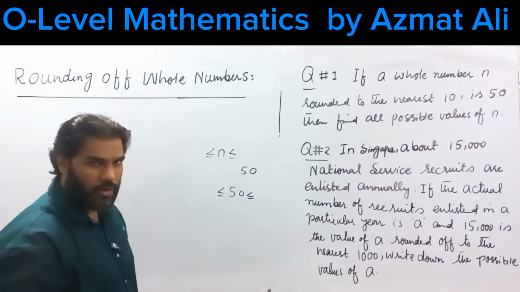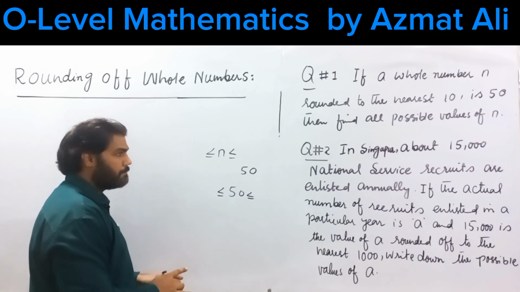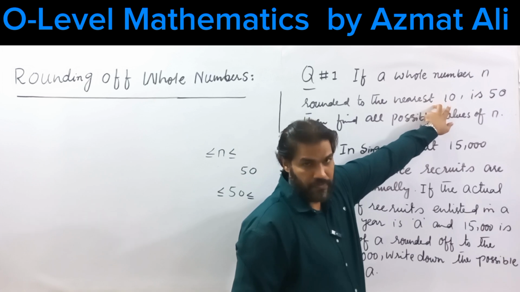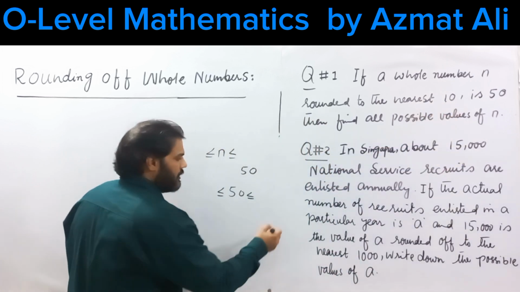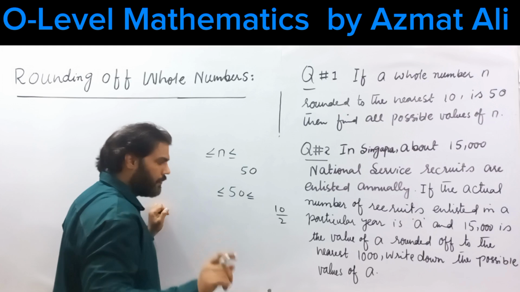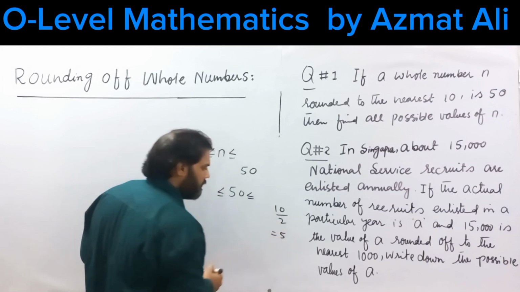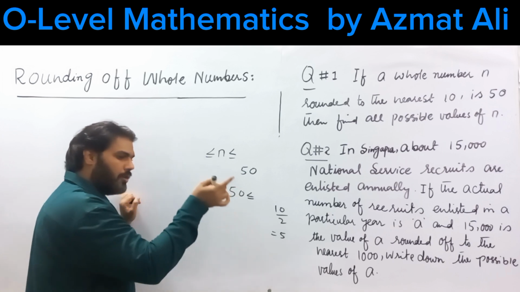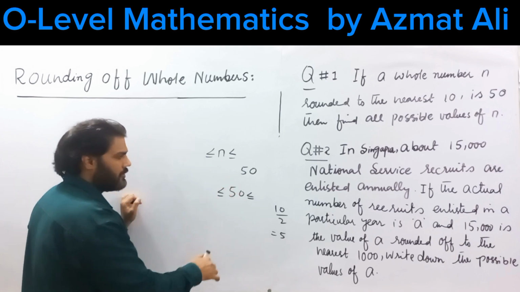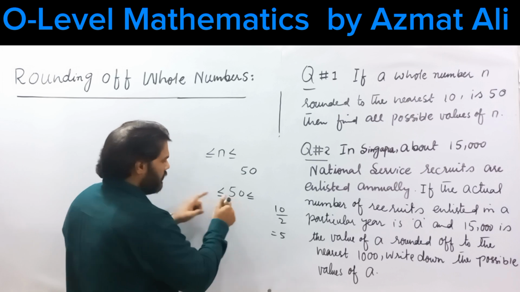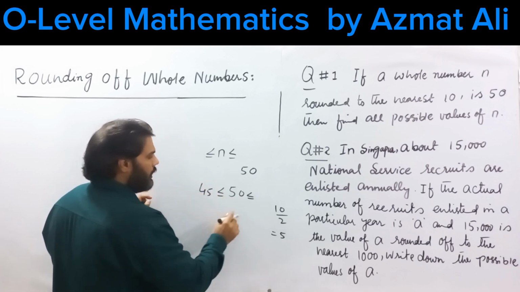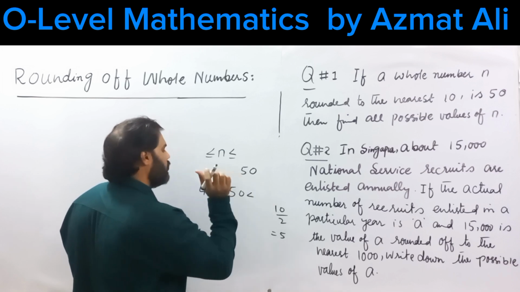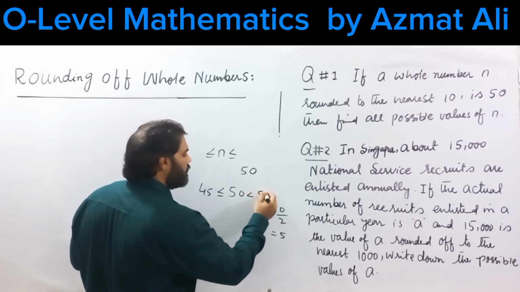I say you only take the place, the nearest 10, and firstly divide 10 by 2. This is the trick. Your answer is 5. Now subtract 5 from this number and also add 5 to this number. When we subtract 5 we get 45, and when we add 5 we get 55.